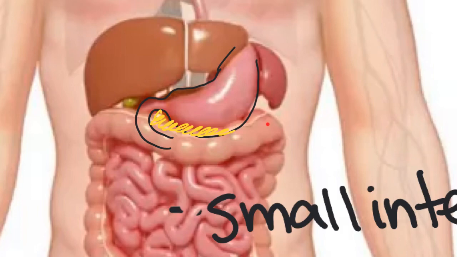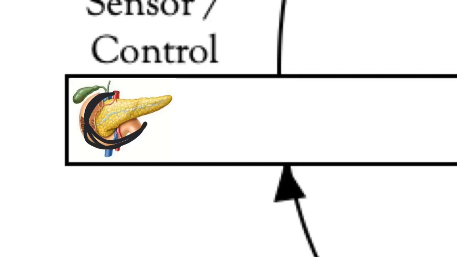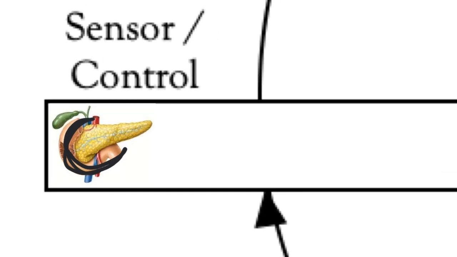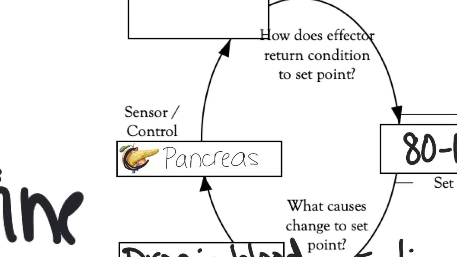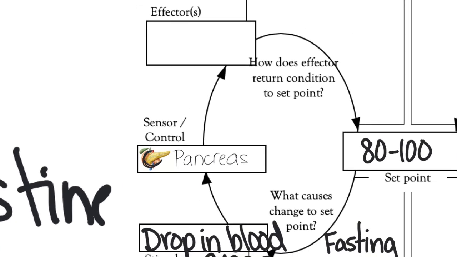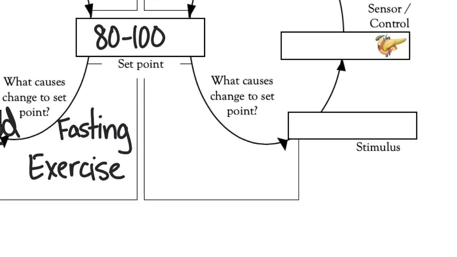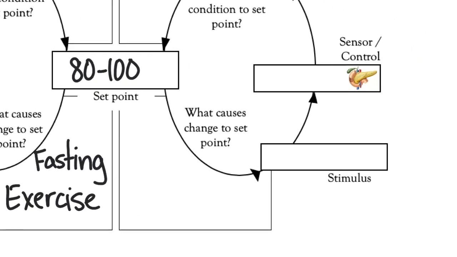And the pancreas is going to be what is in charge of recognizing and responding to any kind of change in blood glucose levels. So we have our pancreas, and that is going to send a signal to a bunch of different parts of your body. And to understand the response fully, we're going to take a quick little peek over here and actually look at what's happening and on the flip side.